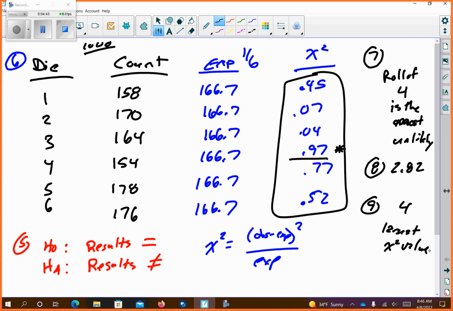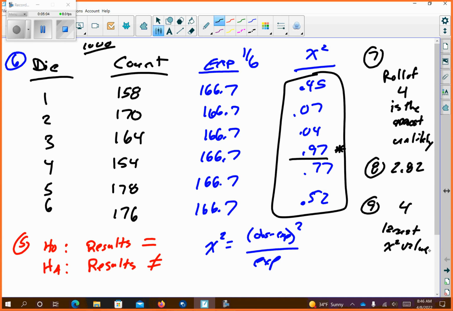So again, right now all we've been doing with chi-square is listing our observed and listing our expected. Something we might have changed is you could have changed all of your counts into percents. And that would have been fine.